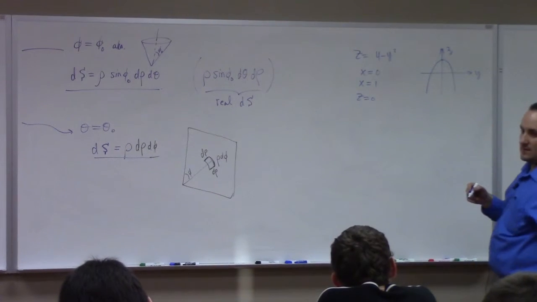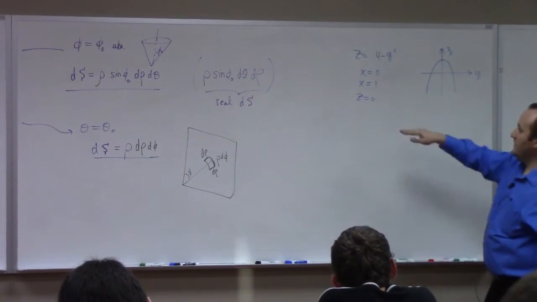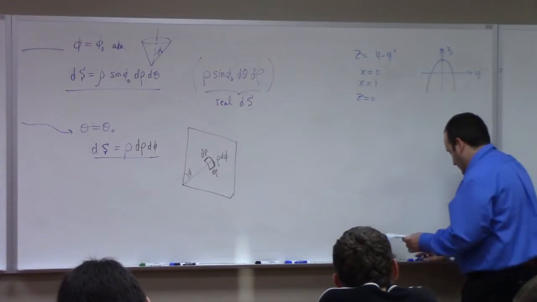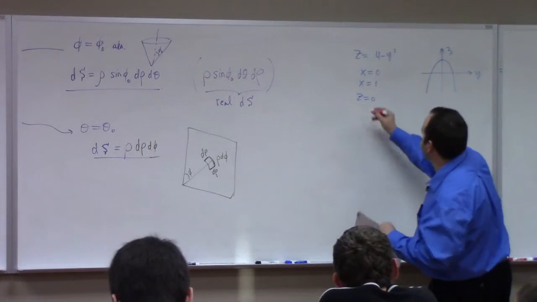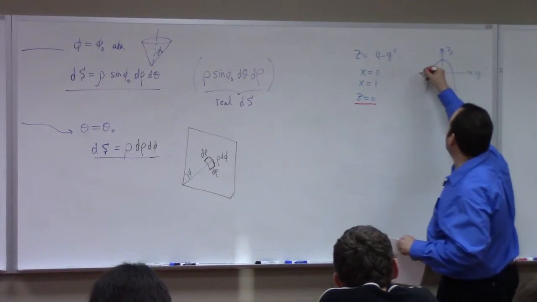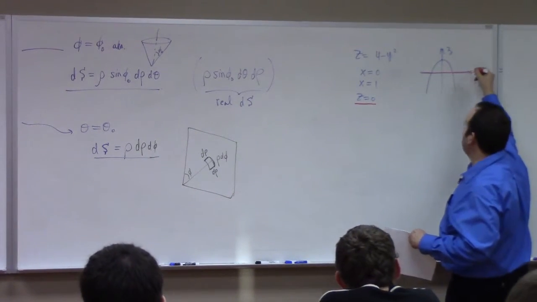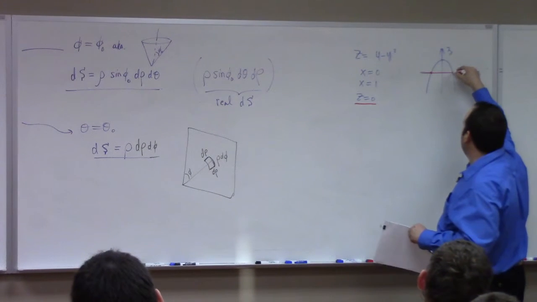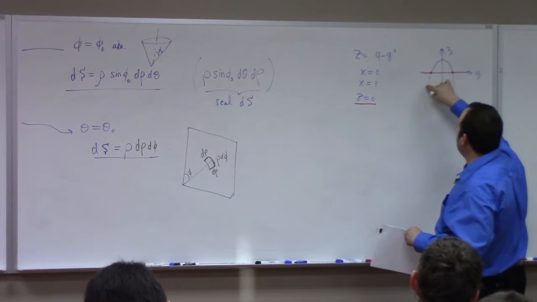But z equals 0 is in the game, so it basically stops here and here. We can ignore that part of the parabola.